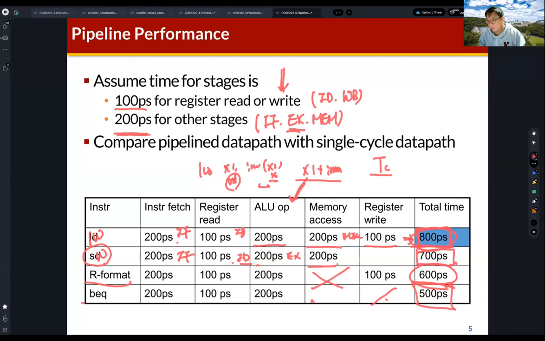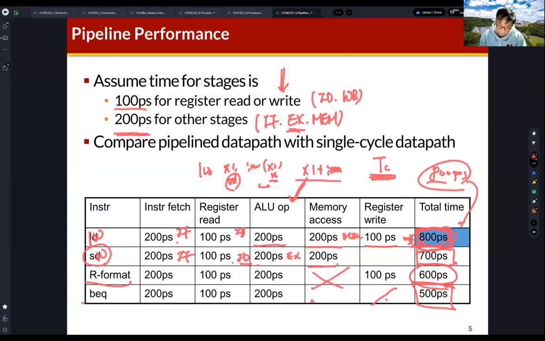The longest delay is the execution time of the load word instruction. So in this case, the minimum allowable clock period is 800 picoseconds. So this becomes the clock period of the single cycle processor.